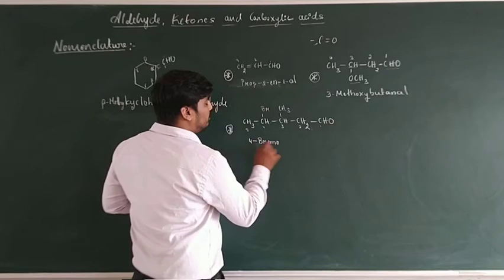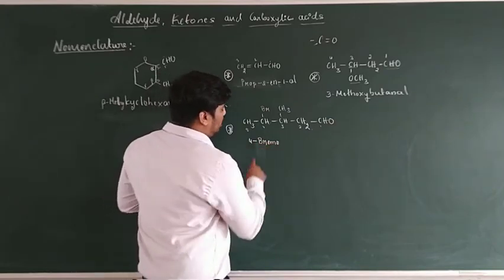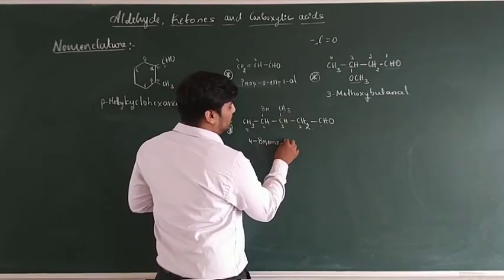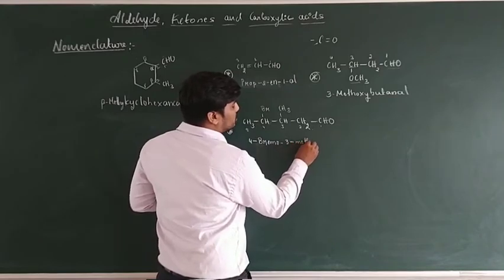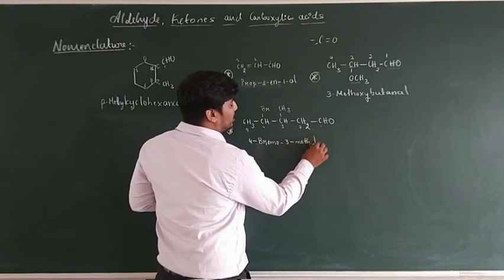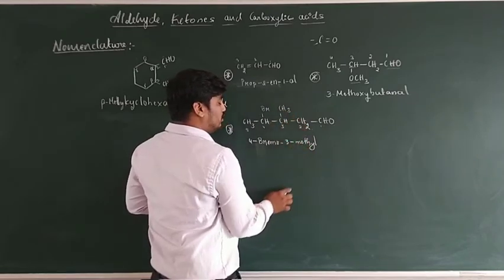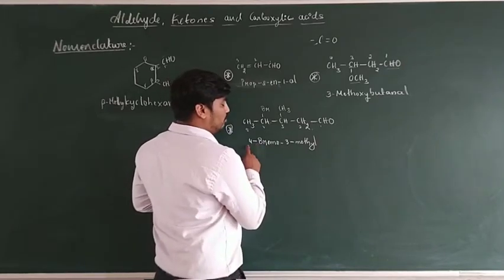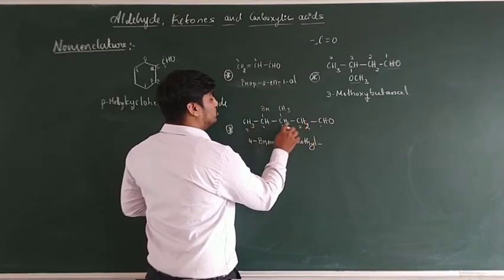There is no space between any words. 4-bromo. The 3rd carbon contains methyl. Numbers are separated by hyphen. Next, methyl group. If it contains ethyl, then ethyl. E also comes after the B. 4-bromo, 3-methyl. Total number of carbons 1, 2, 3, 4, 5.